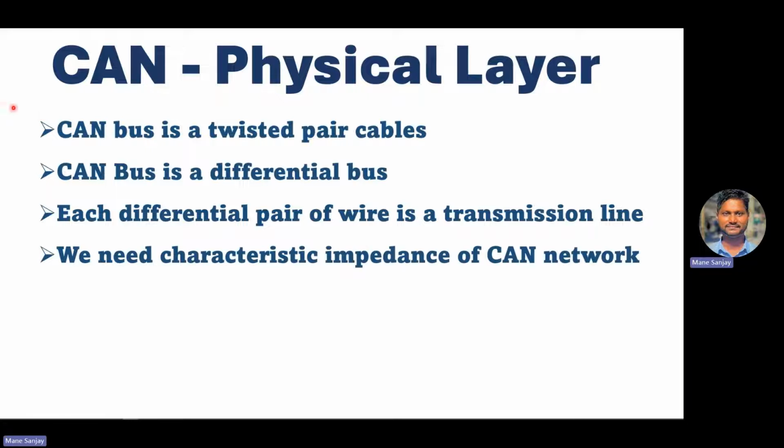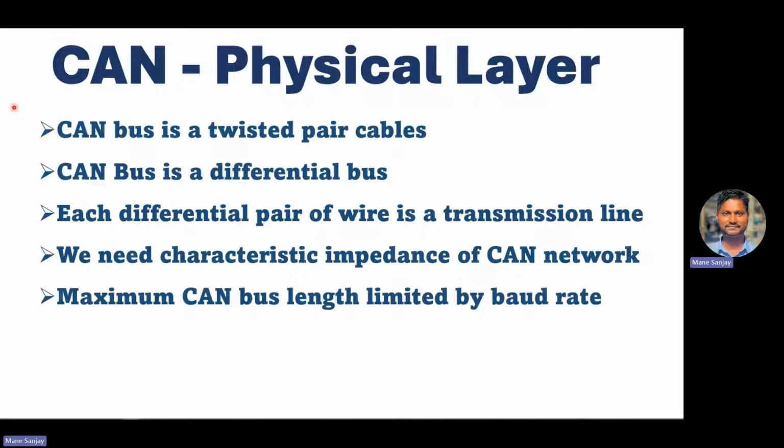And I explained earlier how we calculate the characteristic impedance. So the maximum CAN bus length is limited by the baud rate. It always depends on the baud rate. Baud rate, you are sending the messages into the network. The higher the baud rate, the shorter the total CAN bus length. And when I refer to the CAN bus length, it is for the main backbone length.